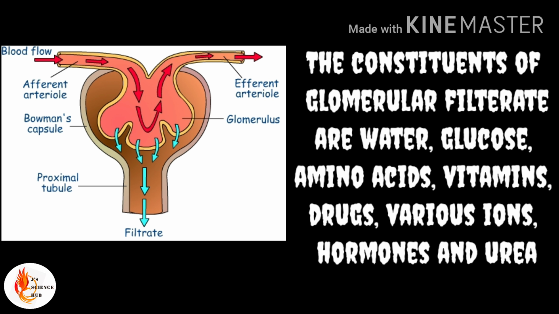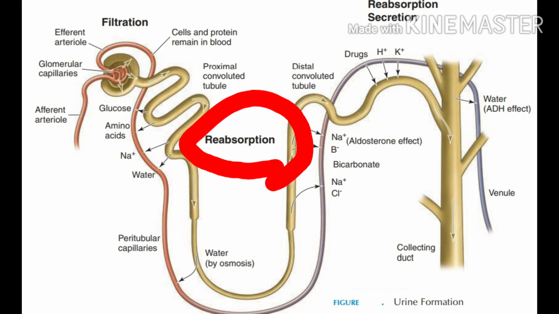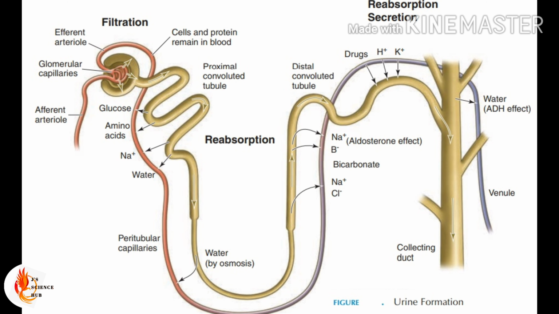When you observe these constituents, you can understand that a lot of important materials which are essential for the body are present. For example, glucose, amino acids, vitamins and hormones are present, right? So they should not be wastefully removed with the urine. When the glomerular filtrate moves along the nephron, most of the constituents are reabsorbed into the blood capillaries associated with the nephron.